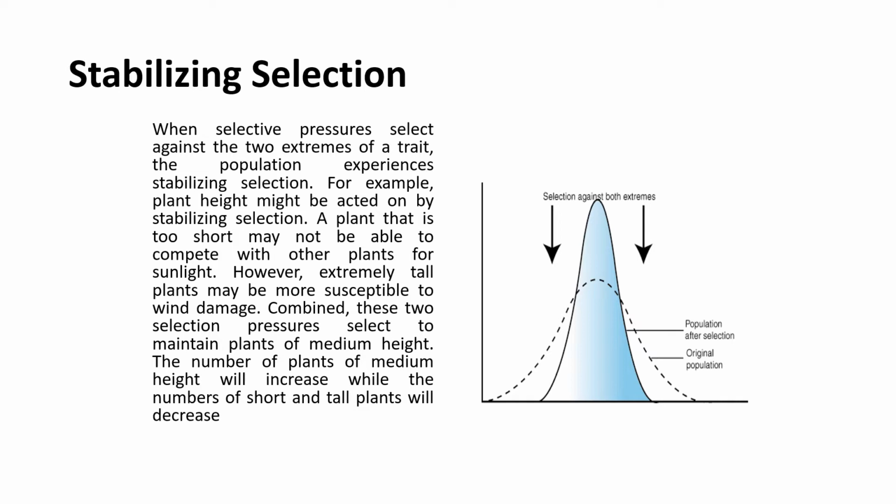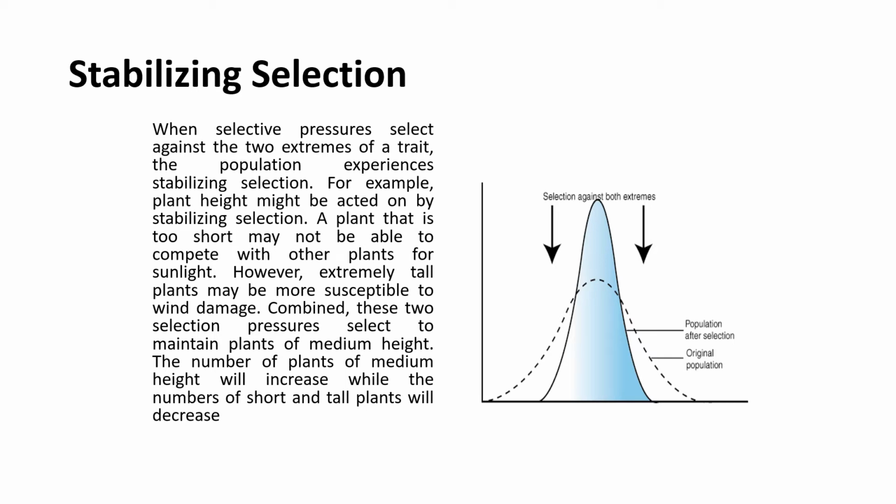Then you can see the two arrows that show selection against both extremes. So what are the extremes? The curve where it starts is one extreme, and the curve where it ends is the other extreme. In the center, where you have the peak, is the median of the population.